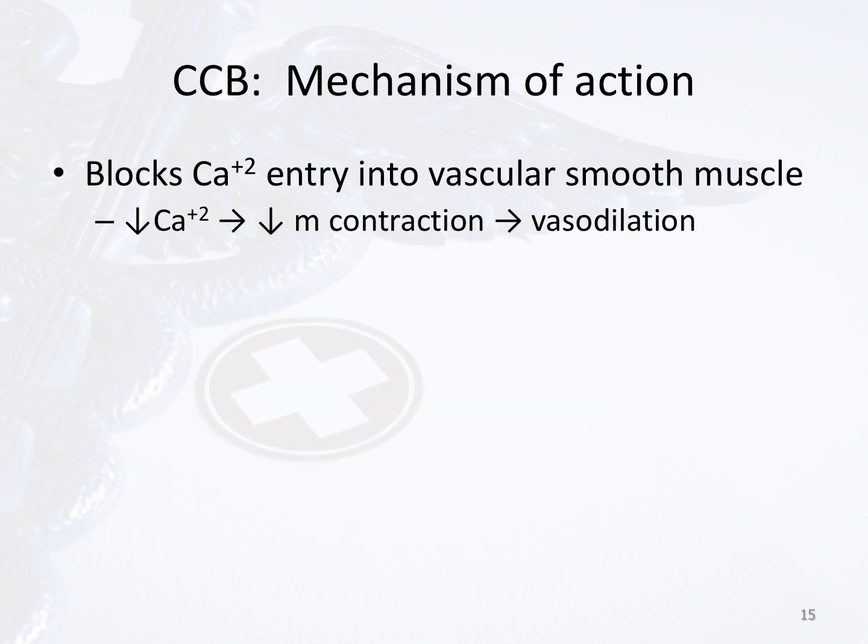Calcium channel blockers work by blocking the entry of extracellular calcium from coming into the cell. Since intracellular calcium concentration is what strengthens the contraction of vascular smooth muscle, calcium channel blockers reduce the influx of calcium from outside the cell to inside the cell, therefore reducing vasoconstriction and promoting vasodilation or vasorelaxation.